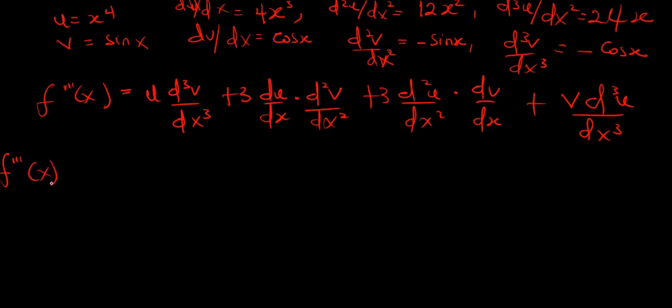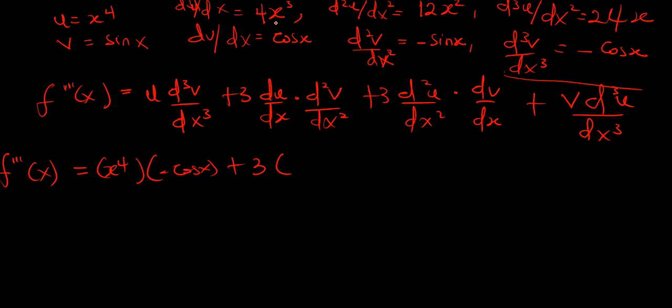So f''' of x is going to be, we have our u there. Our u is what? x to the power 4. So x to the power 4 multiplying d³v over dx³, which is negative cos x here. So multiplying negative cos x plus 3 multiplying du over dx.